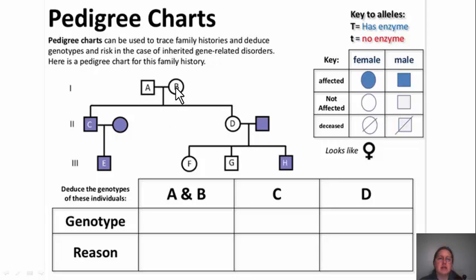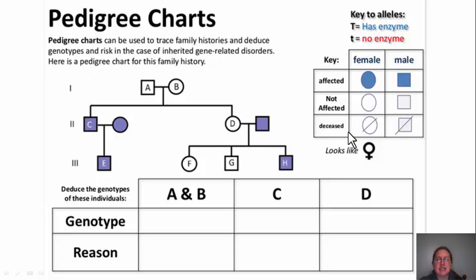So parents A and B had children C and D. Both of these children were married or had children of their own. So C had 1 child and D had 3 children. Then you need to be aware of the key. Most pedigree charts will show the affected with a solid shading and the non-affected as white or non-shaded.